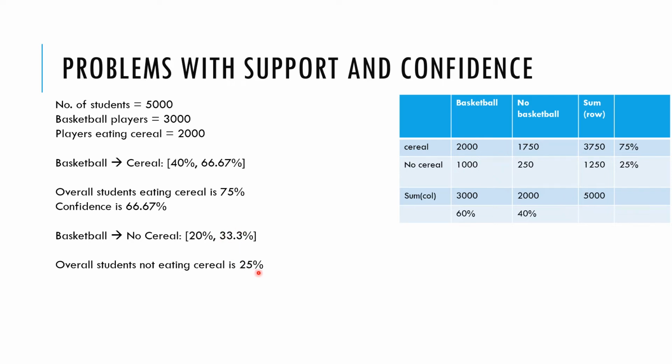So this is higher than this. Here confidence is 33.3%. So this rule is better than the previous rule because it's more accurate, and the other rule is not so accurate.